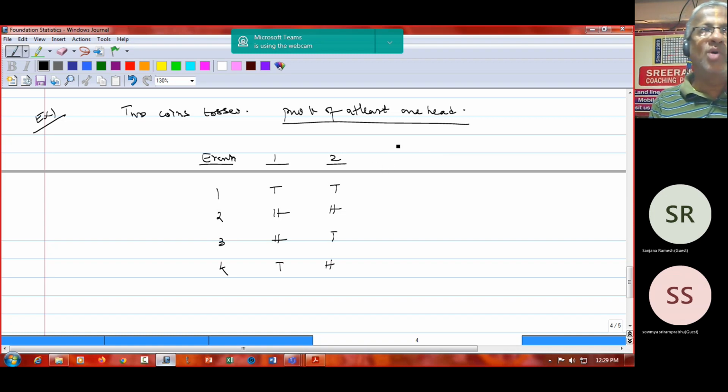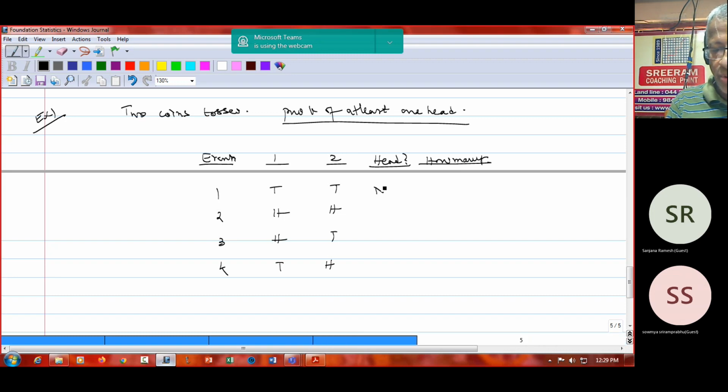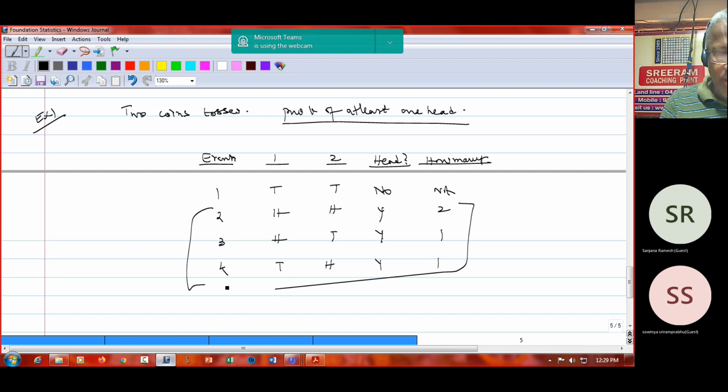So the sample space is head-head, head-tail, tail-head, tail-tail. How many heads are there? Two. Next one, one. Next, one. So at least one head means there are three favorable events out of a total of 4 events, so 3 by 4.